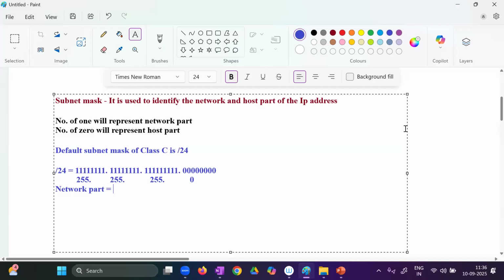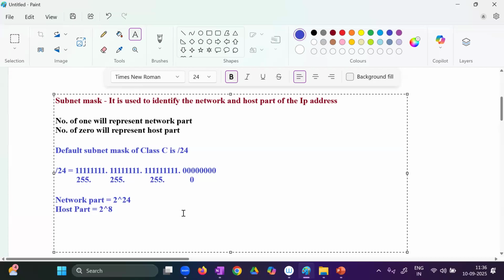Now you tell me, the network part is equal to 2 to the power, how many ones do we have? 24. So 2 power 24 is the network part. Next is the host part. The host part is 2 power 8, the number of zeros.